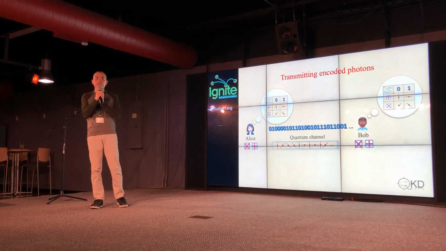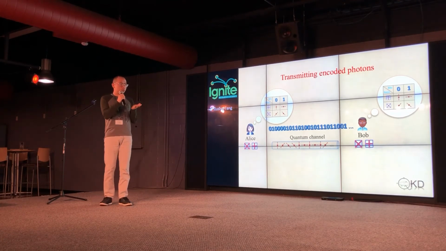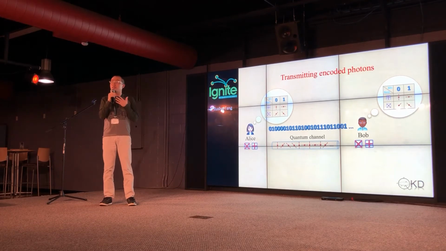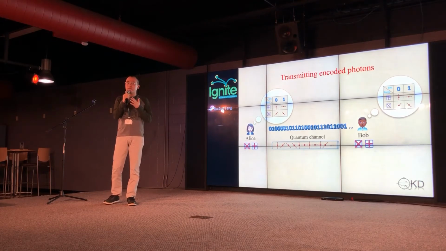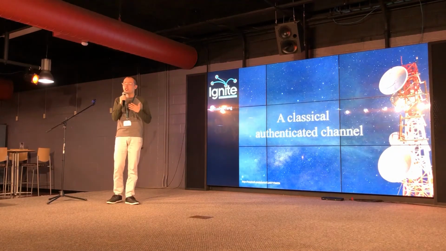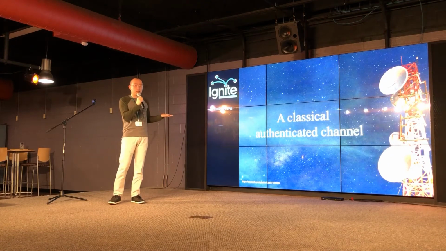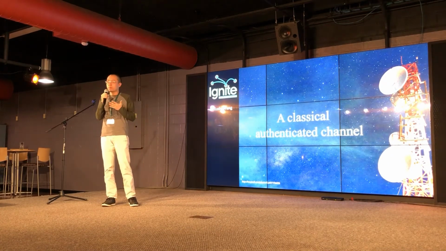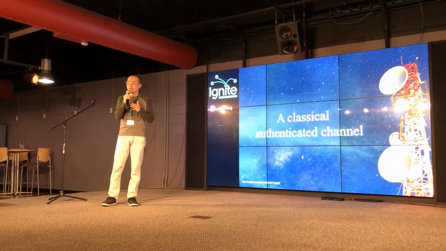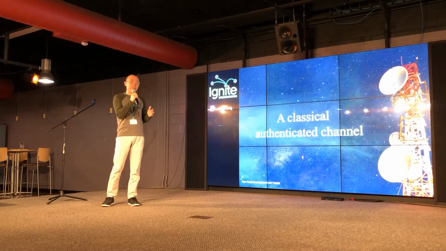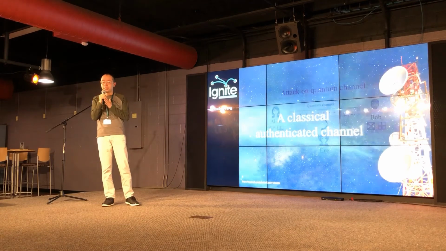After Bob receives those photons, he measures them using random bases as well and gets a sequence of bits. Then Alice and Bob discuss which bases they used over a classical authenticated channel, for instance, a radio that can be monitored but not altered. Then they discard those bits that were measured with unmatched bases. Without noise and an eavesdropper, the remaining bits contribute to the key.